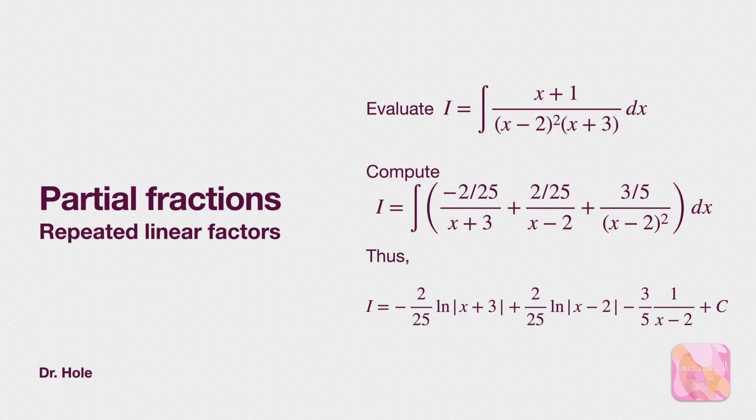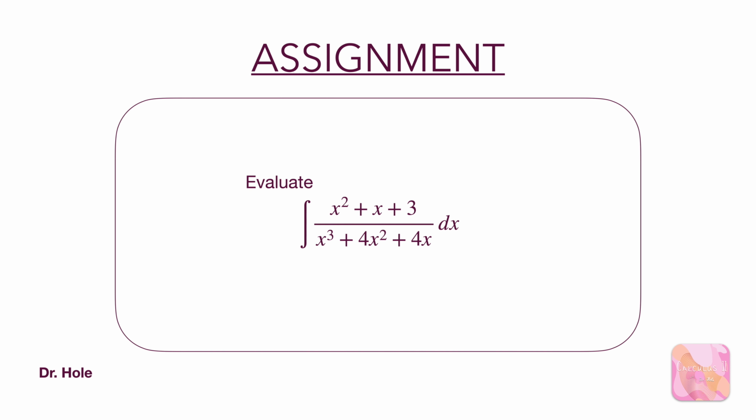And we've gone over our second method for determining coefficients by equating like coefficients. Here's an example. The integrand is a proper rational function. The denominator q will factor with repeated linear factors.